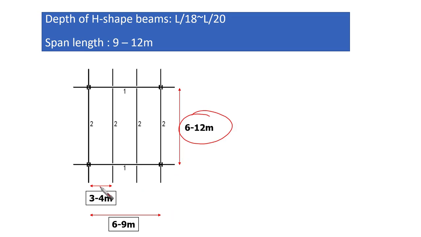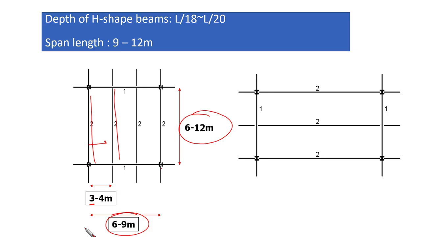The span of these secondary beams ranges from 3 to 4 meters, and the girder spans from 6 to 9 meters. These are the common ranges for us.